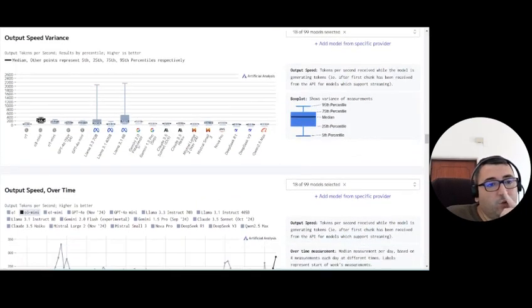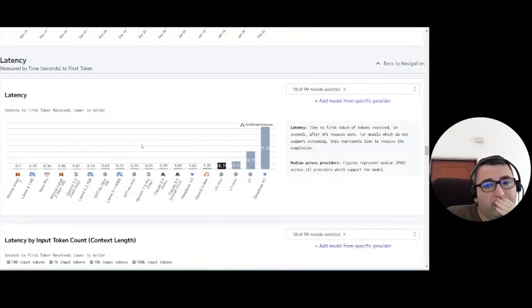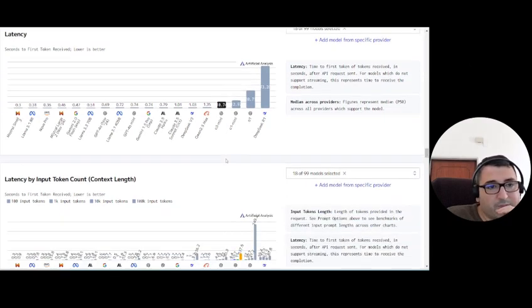The output variance is something that I will not focus on. On latency, R1 seems to have the highest latency, with Mistral Small and Llama the lowest. The O3 Mini also seems pretty high, but pretty good as a result compared to smaller models. It seems to be quite fast.